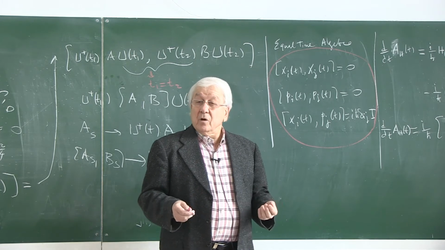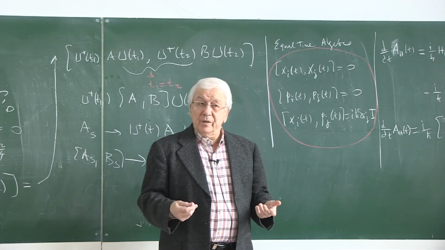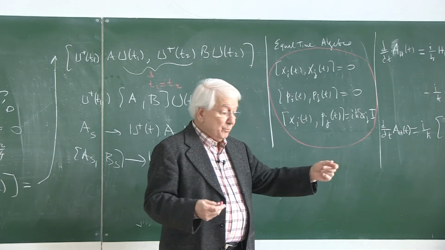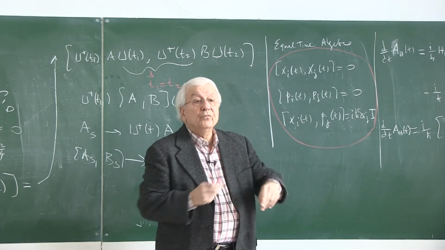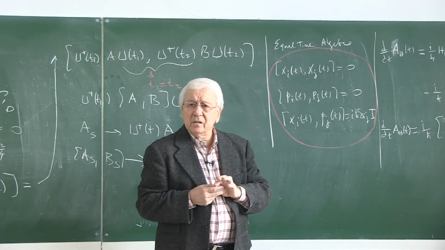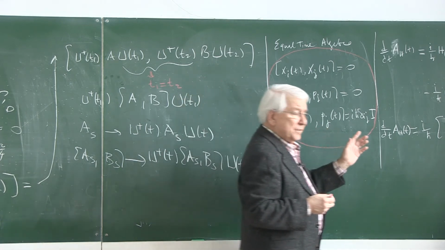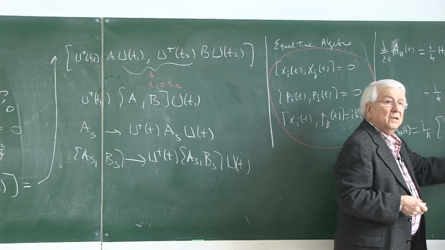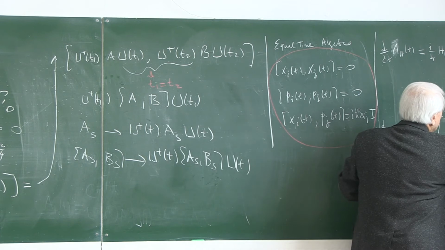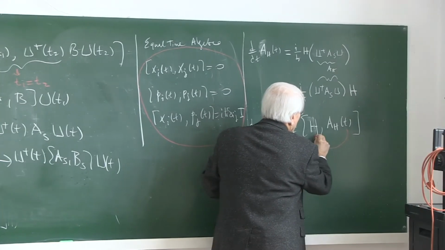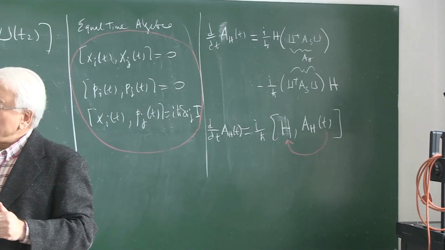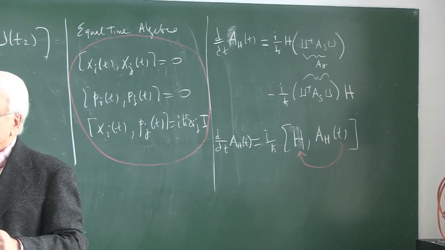Well, if it is the equal time algebra, which will help me in decomposing, I will do that immediately. I will apply it to the free particle. You'll see what I mean. Then I have to take this at the time indicated in here. This time dictates that H is to be expressed at that time. You may say, why? Isn't that time independent?